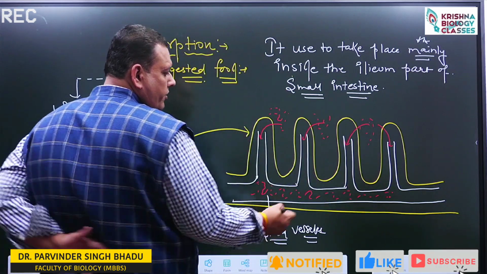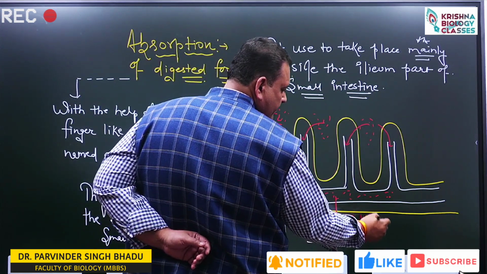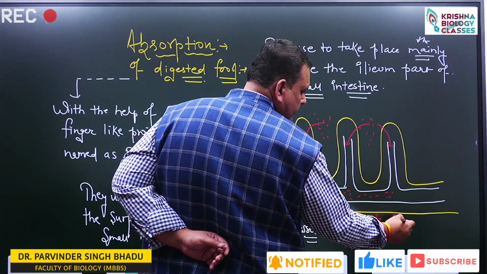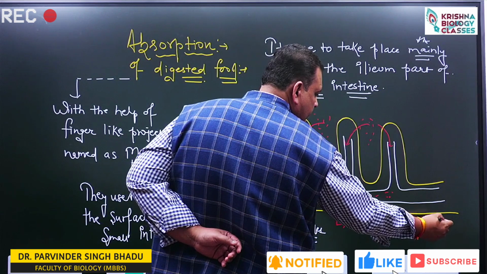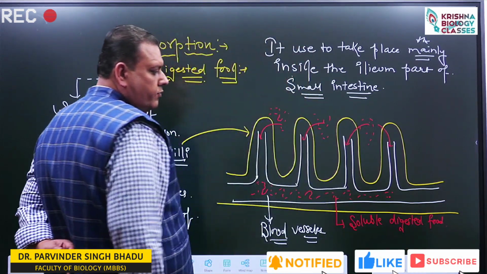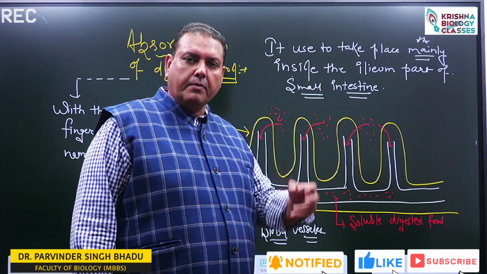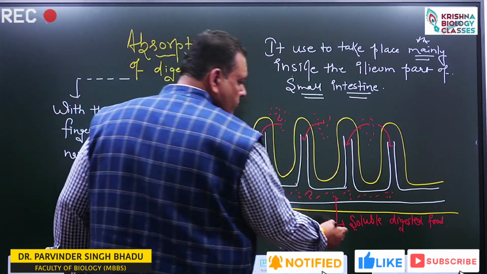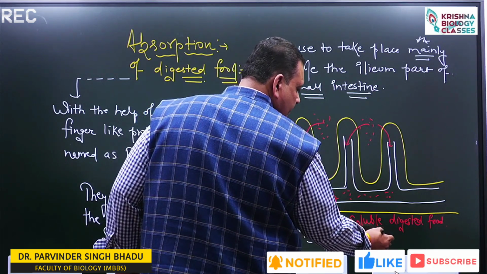So this red dotted part is the soluble digested food. When we eat protein, after the complete digestion, it gets converted into amino acid.